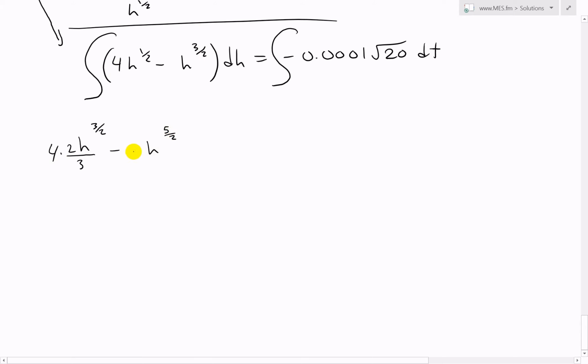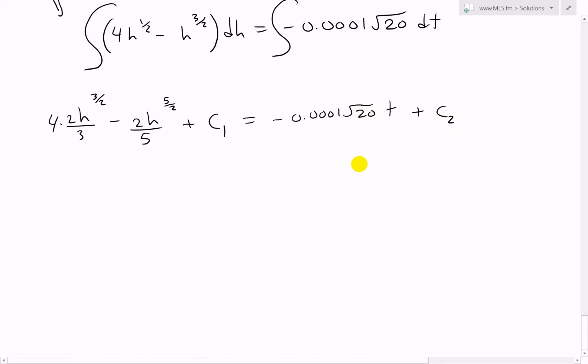Then divide by this power, which is 2 over 5, so we just flip it. And then we add a constant c1 for the constant of integration, because we're going to have it on both sides. The integral of these are all just constants, so we get 0.001 square root 20, then dt becomes t. Then we add a constant c2.